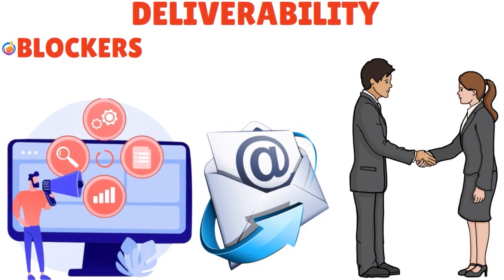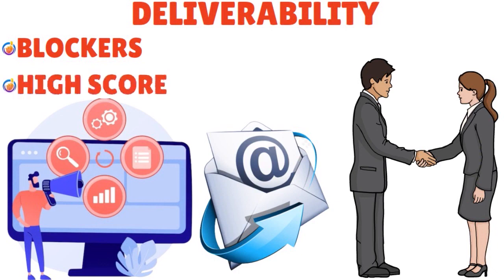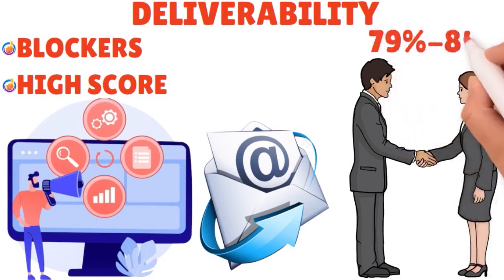So when we talk about email deliverability, you want to go with a partner that has a very high score, because the average rate is around 79 to 85%, sometimes 90%. If you have a delivery failure rate of nearly 20%, that means a lot of emails that you're paying to send won't pay off.